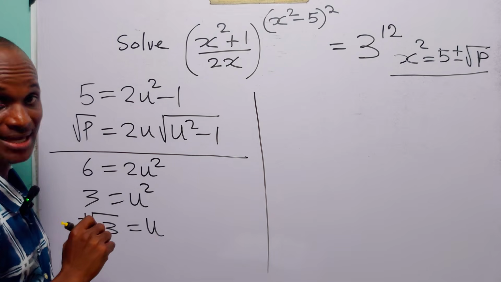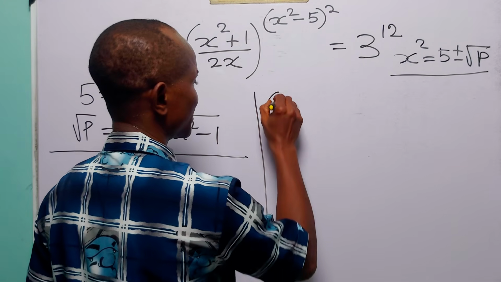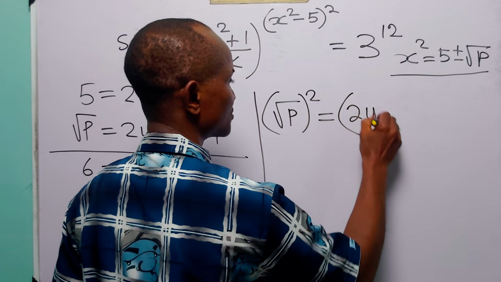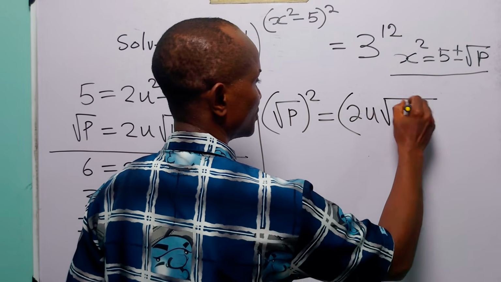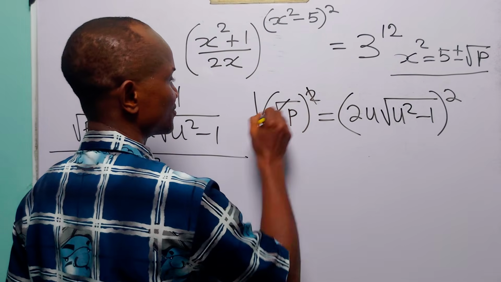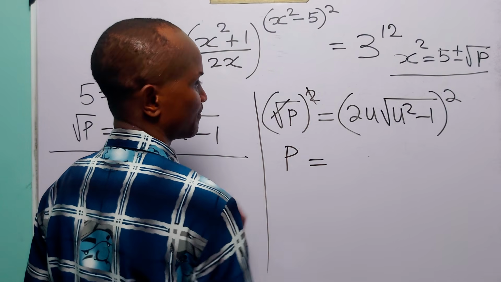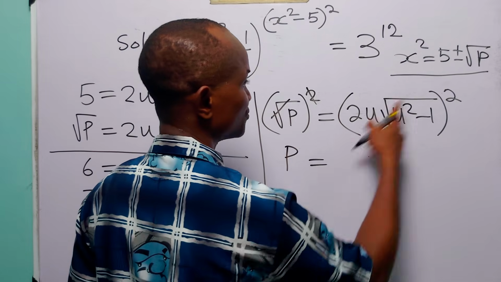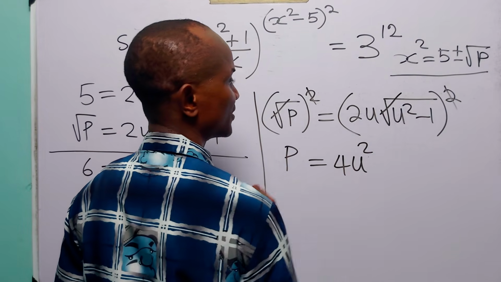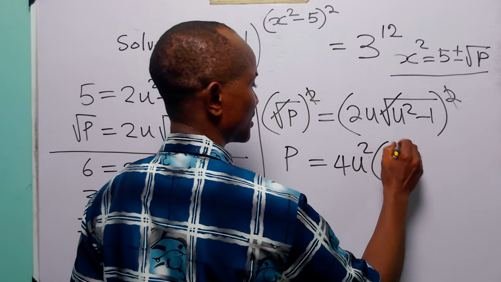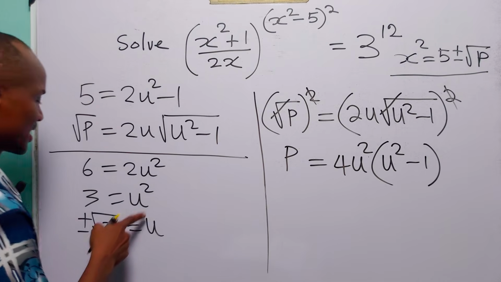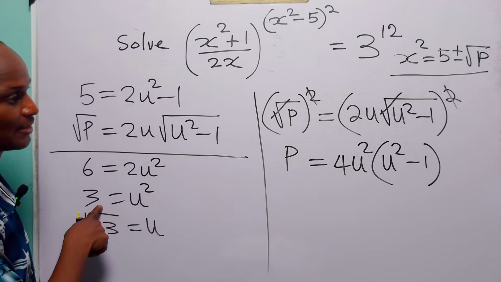And when we square both sides of the second equation, we have that root p squared is equal to 2u root u squared minus 1, squared. Now this is going to take care of that, and we have p. This is equal to 2u squared, that is 4u squared. This is going to take care of that, leaving us with u squared minus 1. Now, remember that u squared is equal to 3.